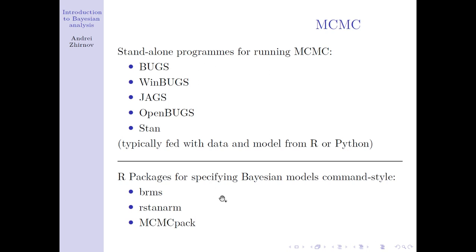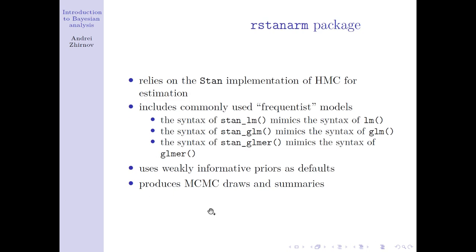Here I want to focus on one of these R packages, specifically the package called rstanarm. This package was developed by the Stan development team, and it relies on the Stan implementation of Hamiltonian Monte Carlo for the estimation. This package includes a number of commonly used frequentist models: linear model, generalized linear model, multilevel models.